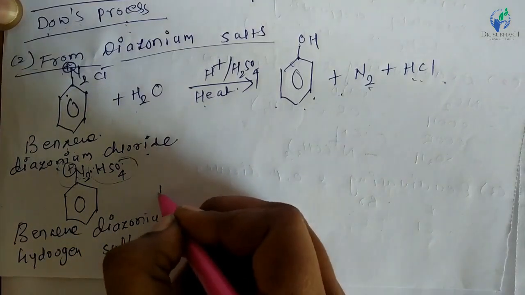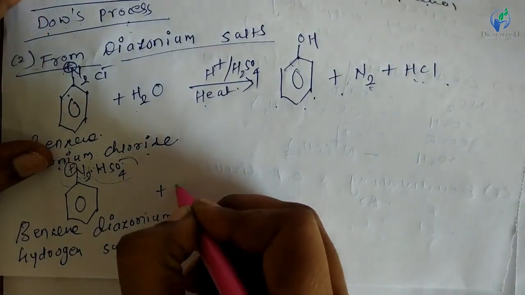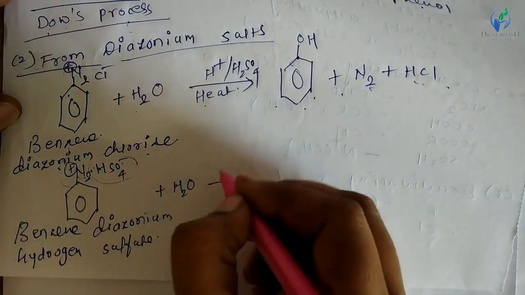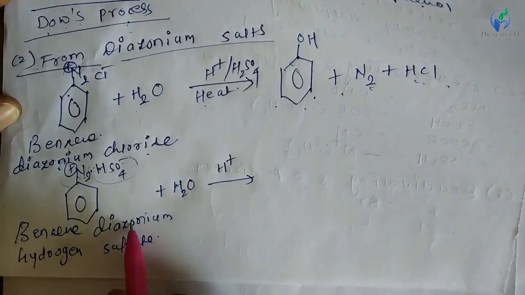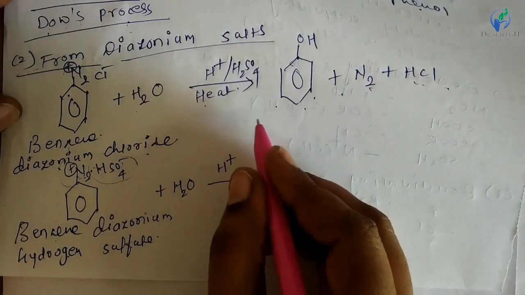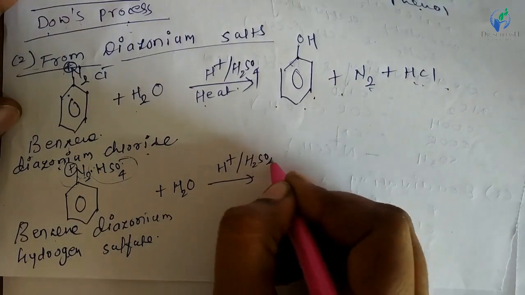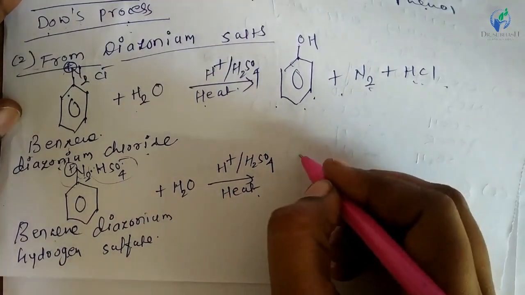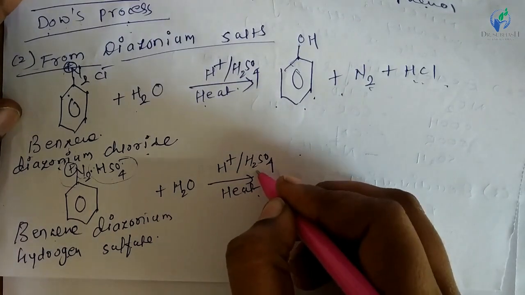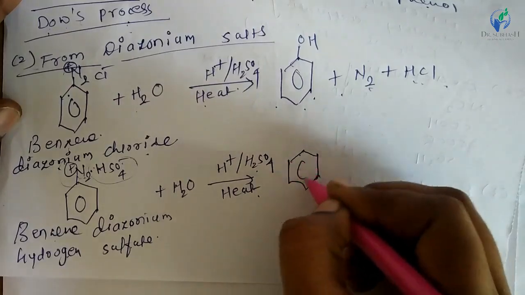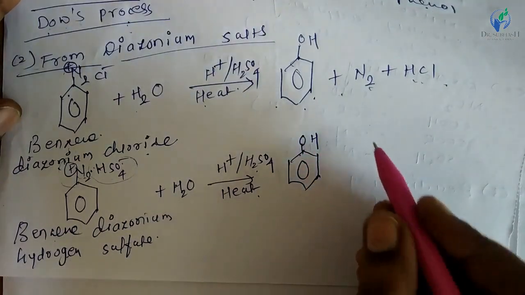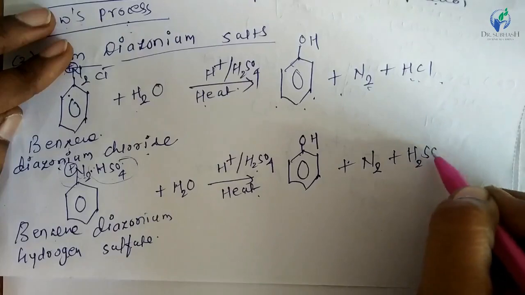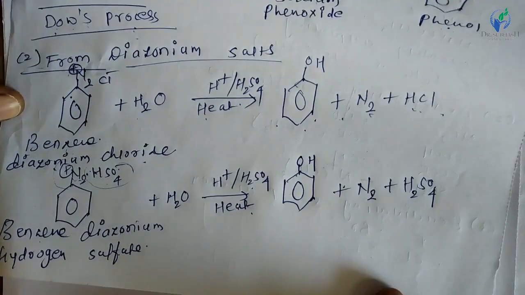Now, the same reaction: benzene diazonium hydrogen sulfate in its aqueous solution form is used, and when this aqueous solution is added to a large volume of boiling dilute sulfuric acid, then it will produce phenol and also release nitrogen gas and liberate sulfuric acid, right?